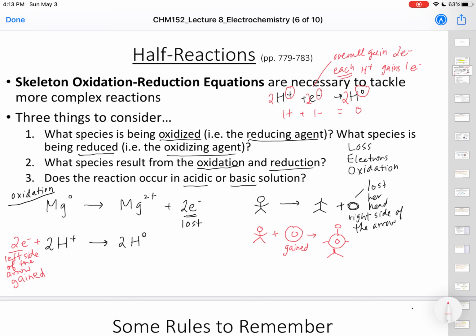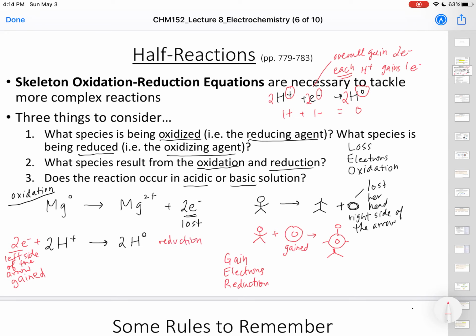Remember it's on the left side of the arrow, so it is being gained. Now, when you say a gain of electrons, it's a reduction. So we say GER, gain electrons, reduction. So this half reaction stands for a reduction.